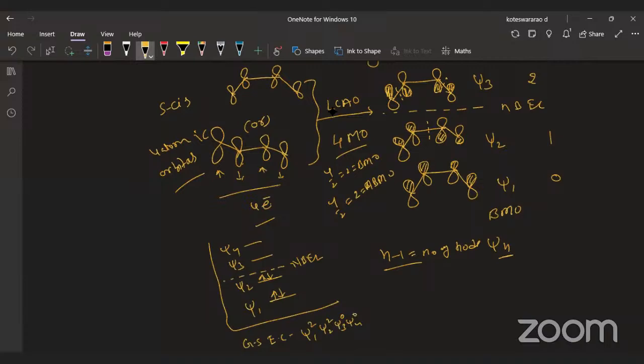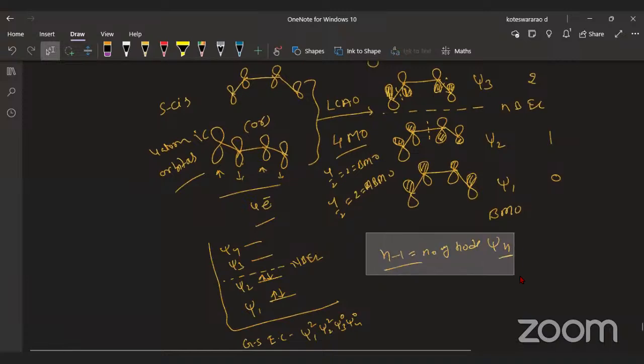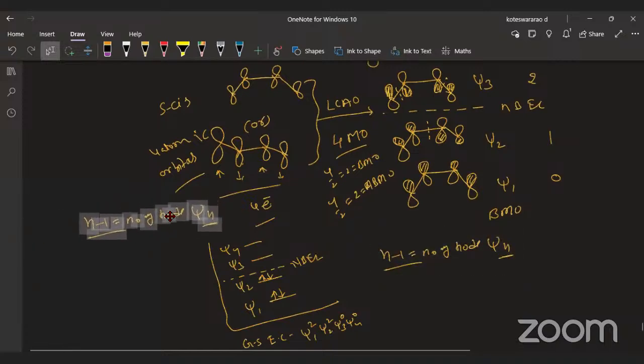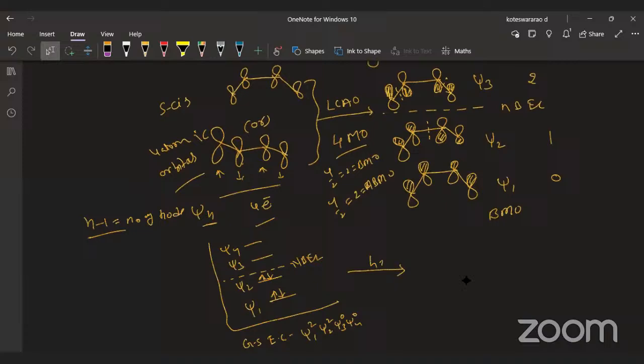When we subject it to irradiation with light, an electron is excited from psi2 to psi3 to reach the first excited state, which may be a singlet excited state or a triplet excited state.